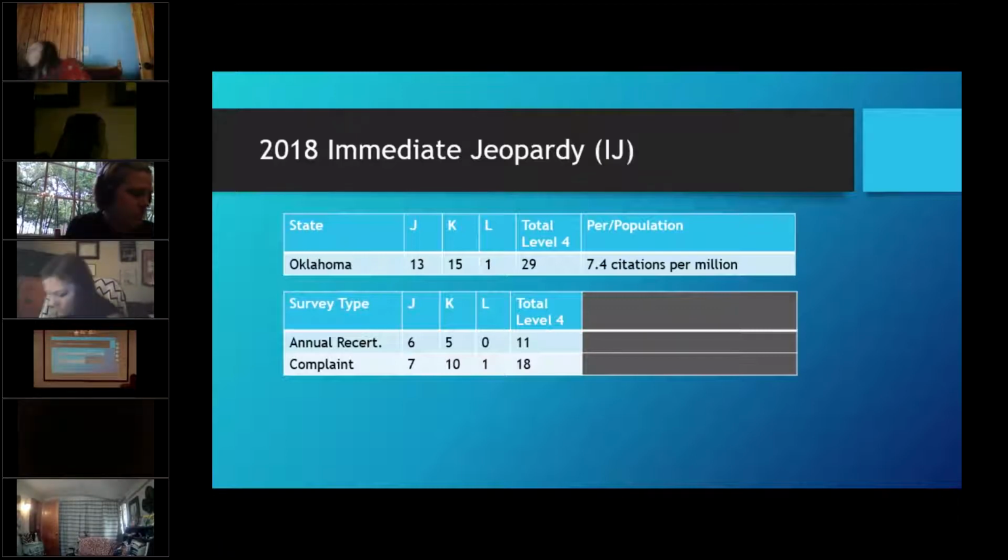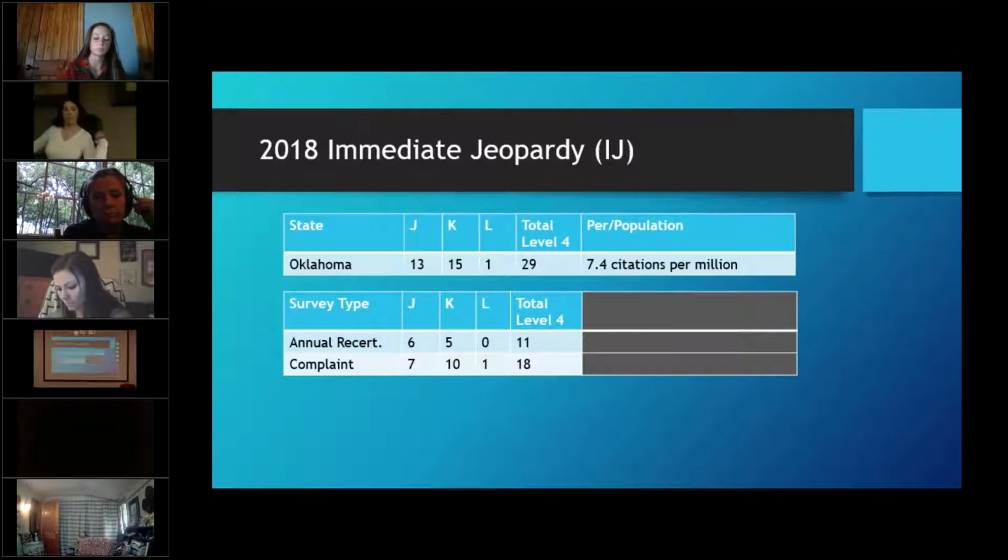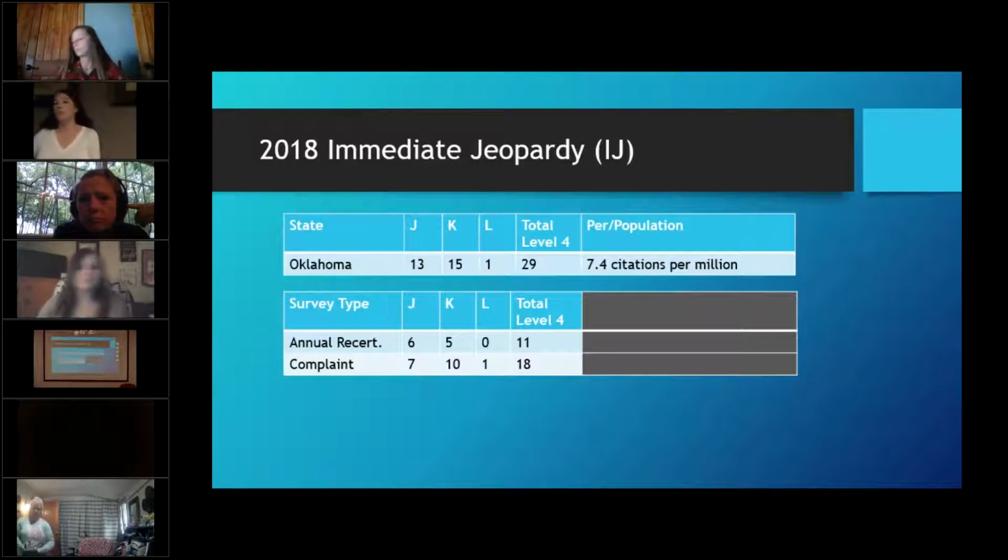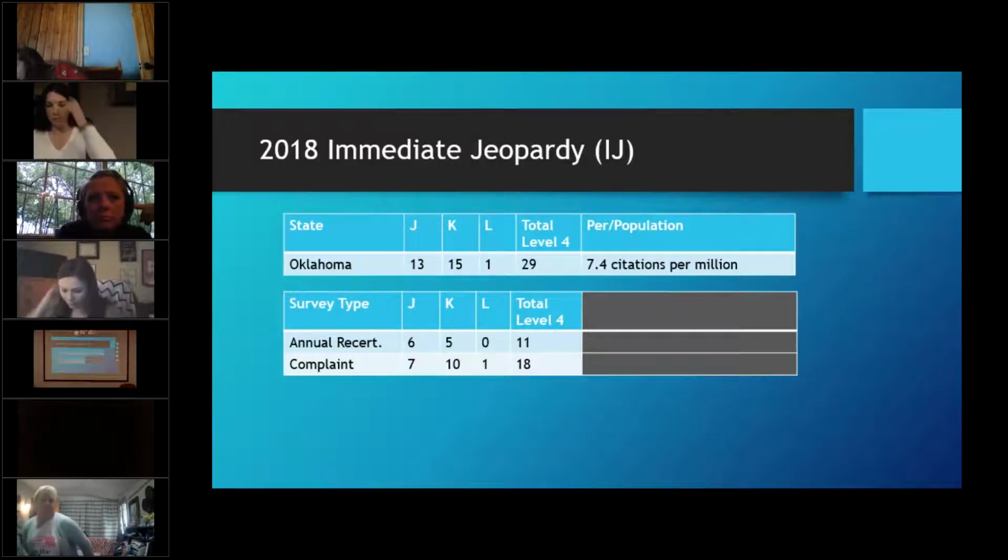So that is what Oklahoma had in 2018 for IJs, which you're looking at going, dang, that's a lot. Can you give an example of what in the world you would have to do to get one? That would be really, really bad. Let me get further into it, and I may have some pop into my mind. I wish I could remember the one I just saw.